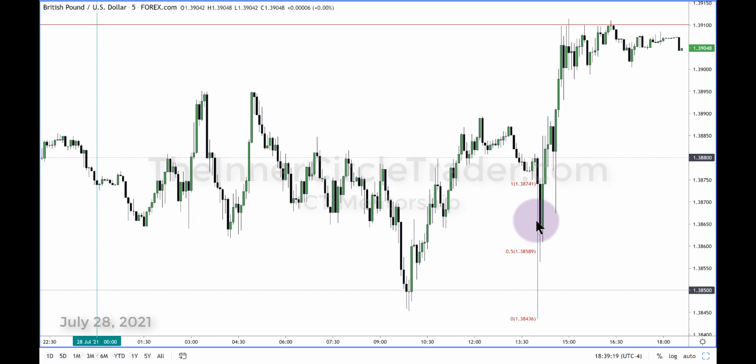But for now, the logic of why I was entering: after initially it ran out the low and then started trading back down, that's what I'm buying. I'm buying the order block, the consequent encroachment, and I'm trusting the fact that we've already taken out the low here. So that was the initial event at FOMC. So you always wait for it to deliver whatever it's going to do.